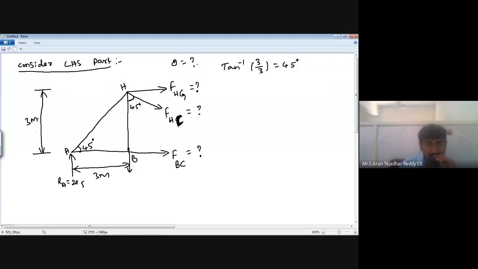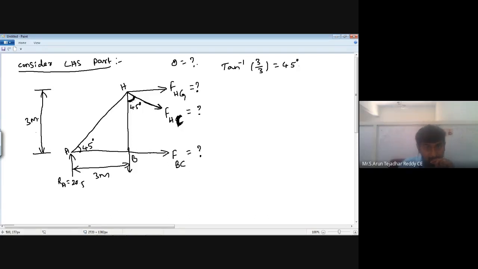Why? Because your inclined member is acting here, so your angle is here. Now resolve the forces, then apply horizontal and vertical.